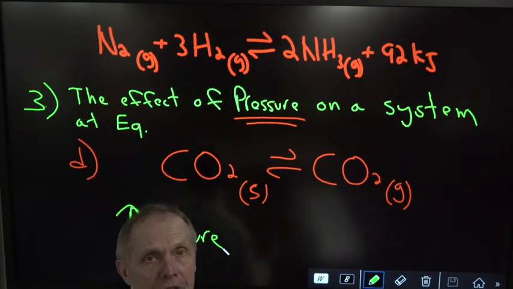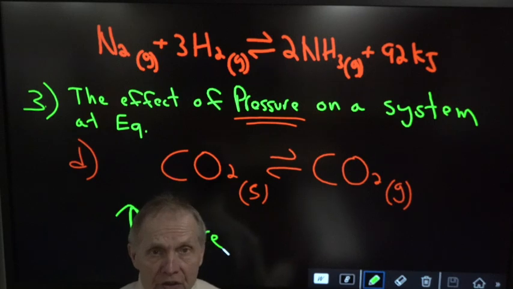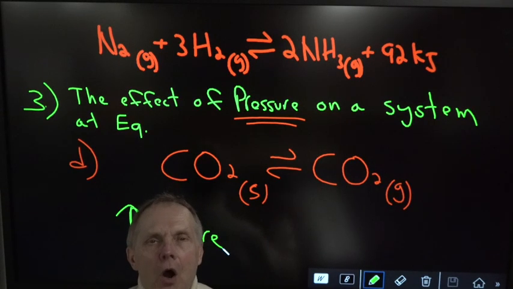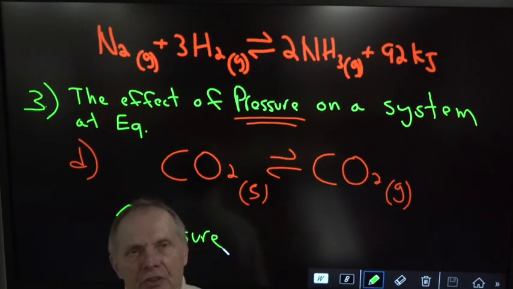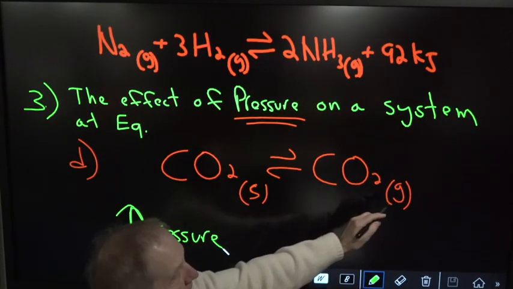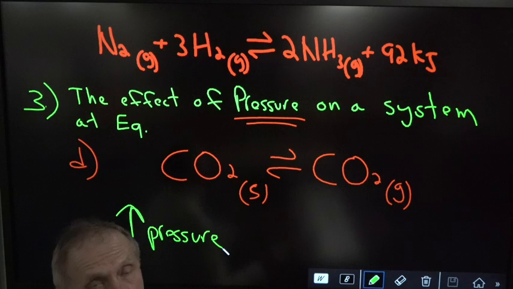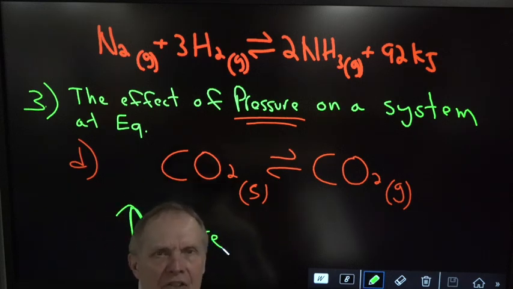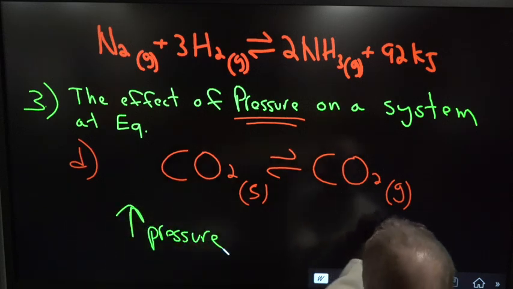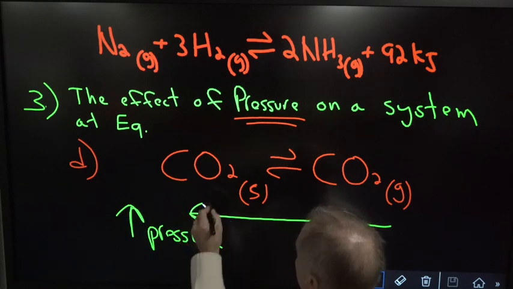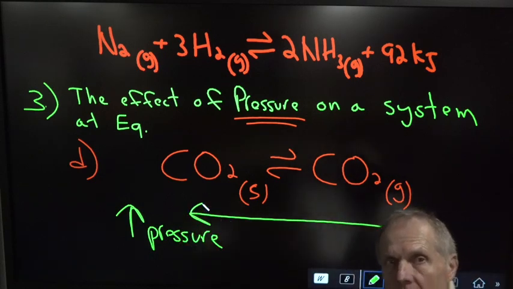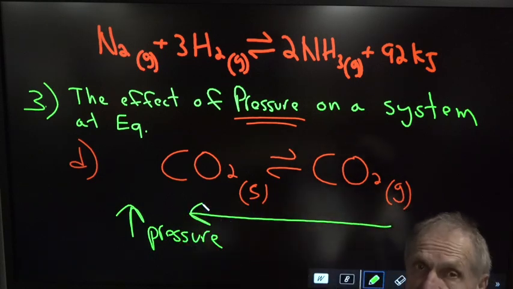So my rule is, if it's not an all-gas system and the pressure's increased, the reaction will always fire away from the gas. So if you look up here, there's the gas. An increase in pressure will squeeze the gas into a solid, so the reaction will fire away from the gas toward the solid. That's a trick question.